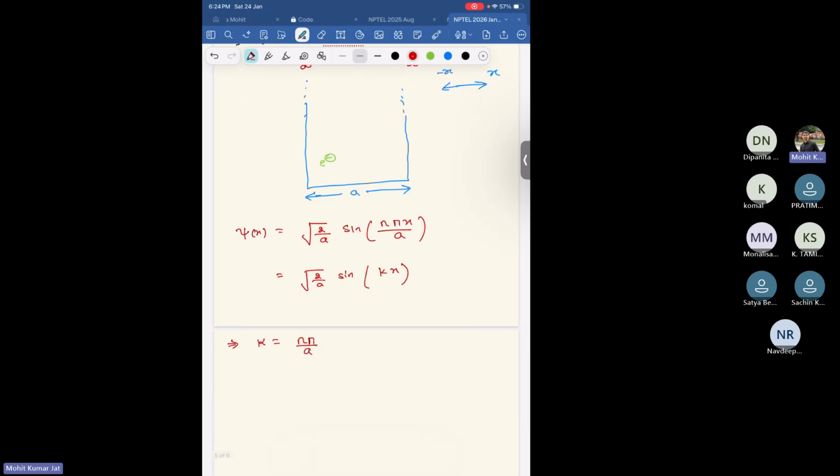In that case, inside the well, the energy of your carrier will be h bar square k square by 2m, right?